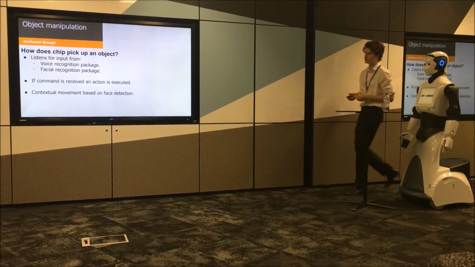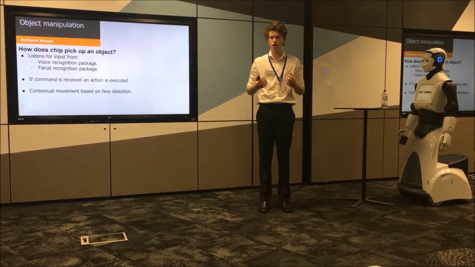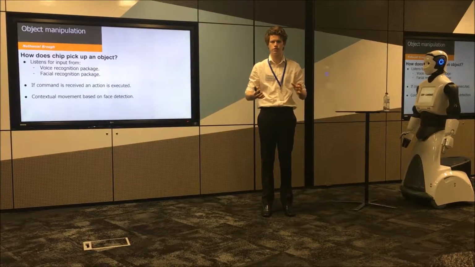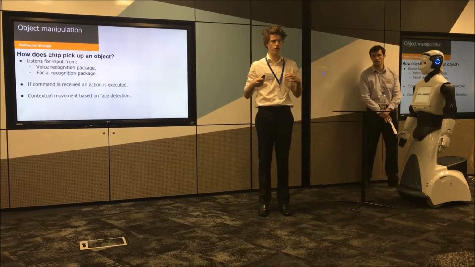Thank you. Okay, so a big part of our project, particularly with our use case, is object manipulation. This is actually getting the robot to interact with physical objects in the real world. It is quite a complex task.